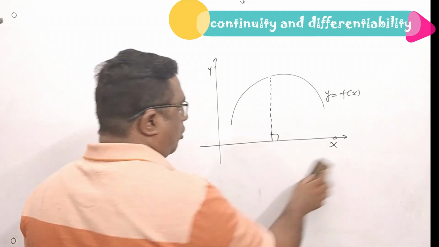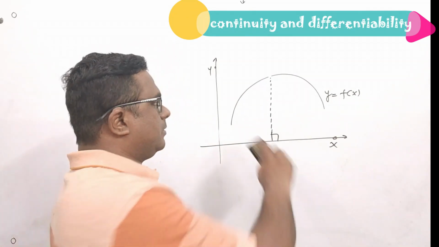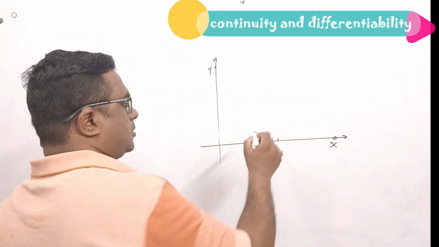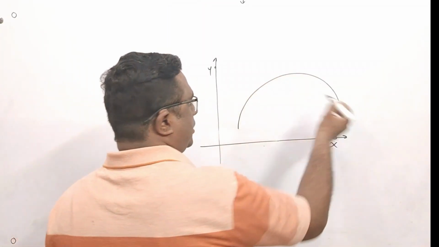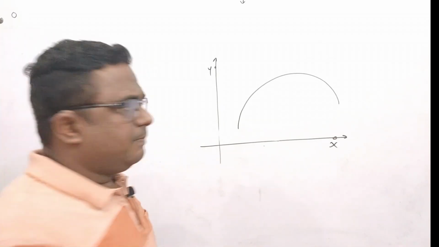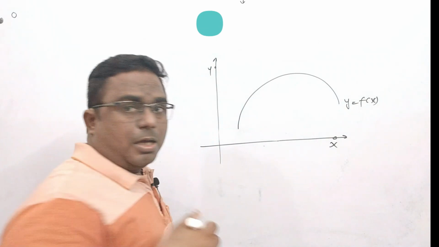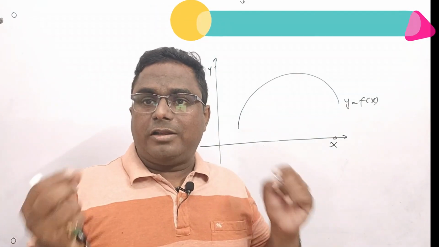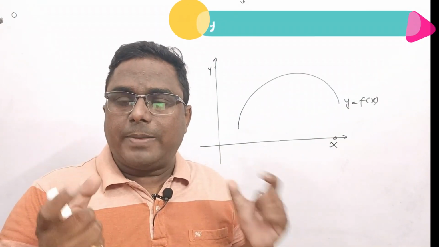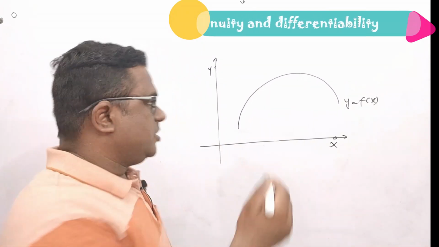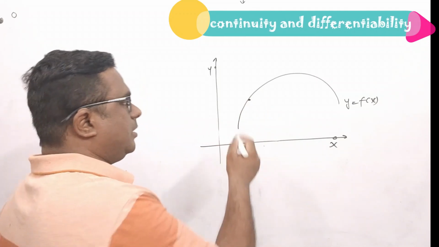Secondly, if we talk about differentiability, then it's also very simple. Suppose I am drawing this curve for some function y is equal to f(x). If I ask you to draw a touching line, which in mathematics is called a tangent, at this point, then it's very easy.